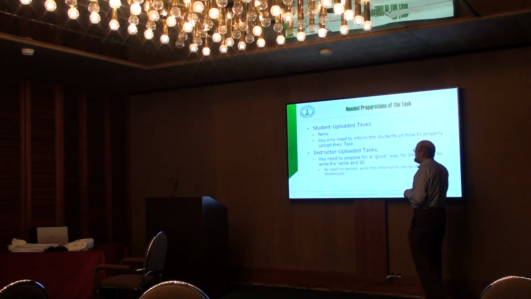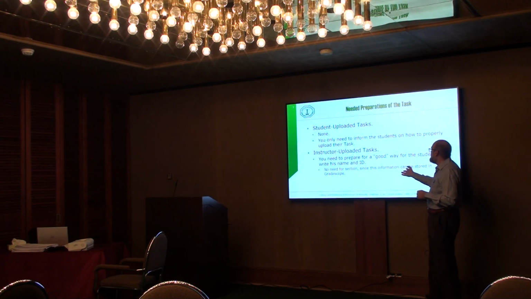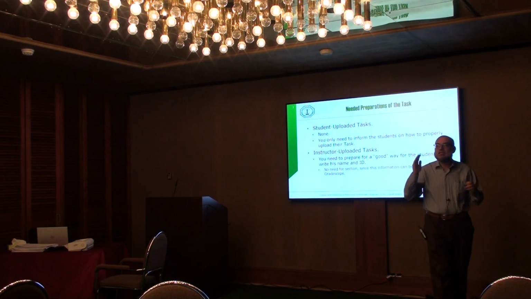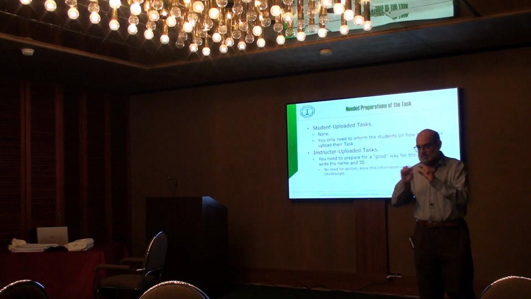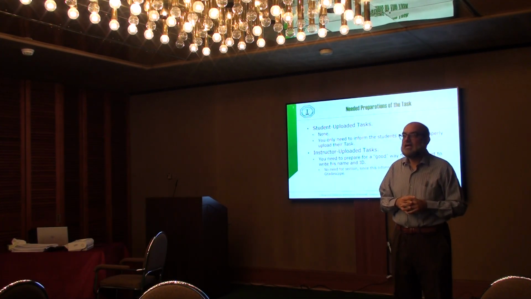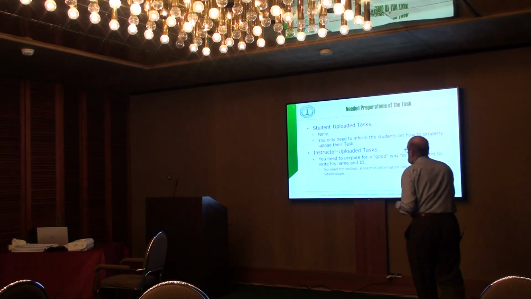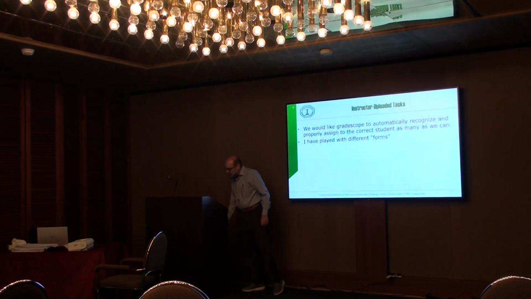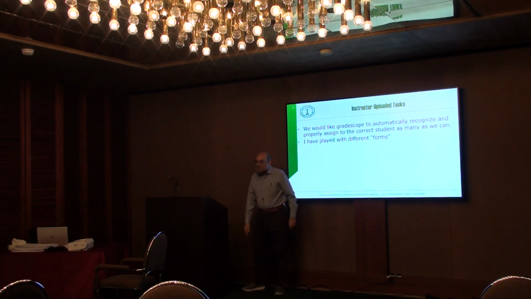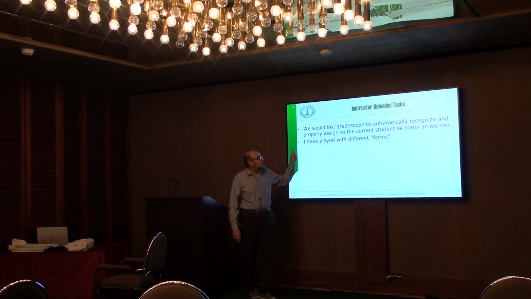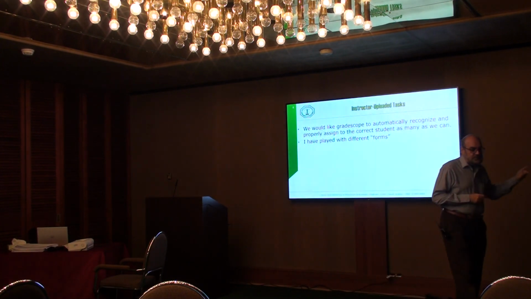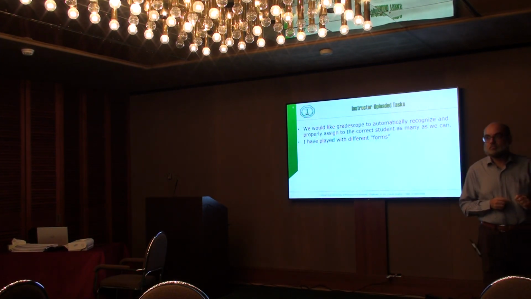So basically, no need for sections, since this information can already be stored in Gradescope. You just need the username, the student name, and the ID. Inshallah, we'll see hopefully how we can do that live. So basically, we would like Gradescope to automatically recognize and properly assign to the correct student as many papers as we can.